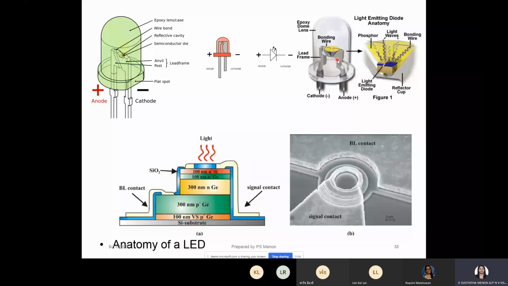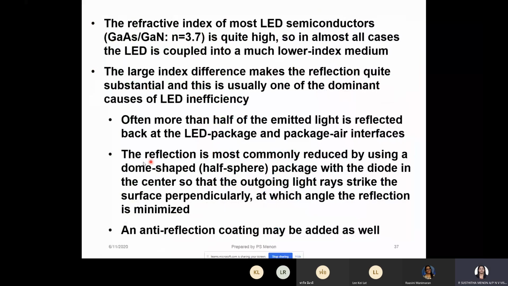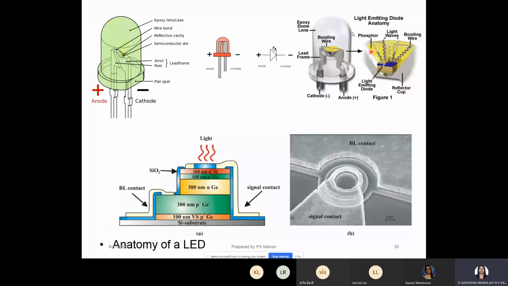It is reduced by using a dome shape, a half sphere package with the diode in the center, so that outgoing light strikes the surface perpendicularly, at which angle the reflection is minimized. An anti-reflection coating may be added as well, so that light does not get reflected back.